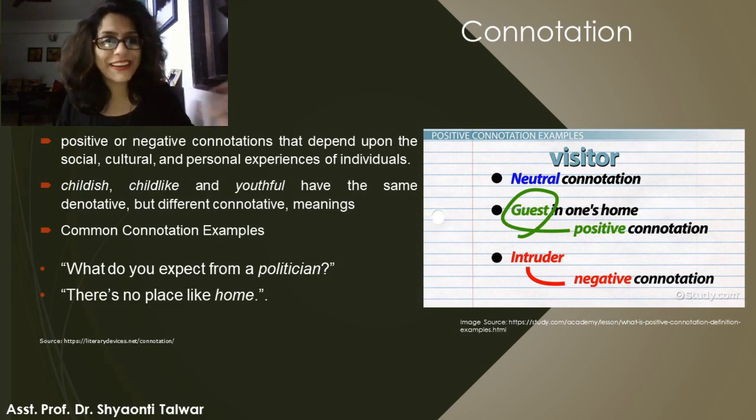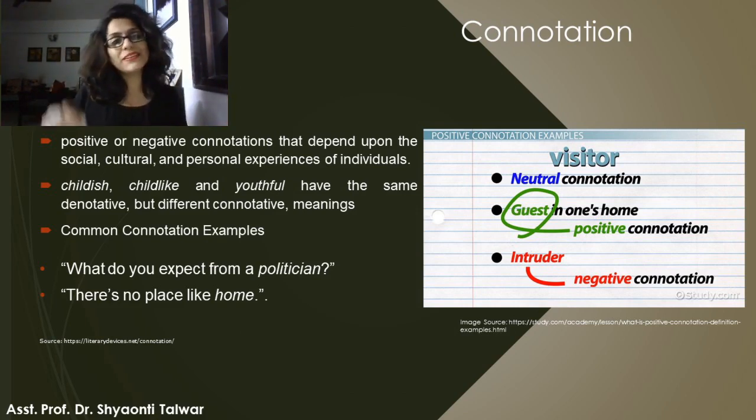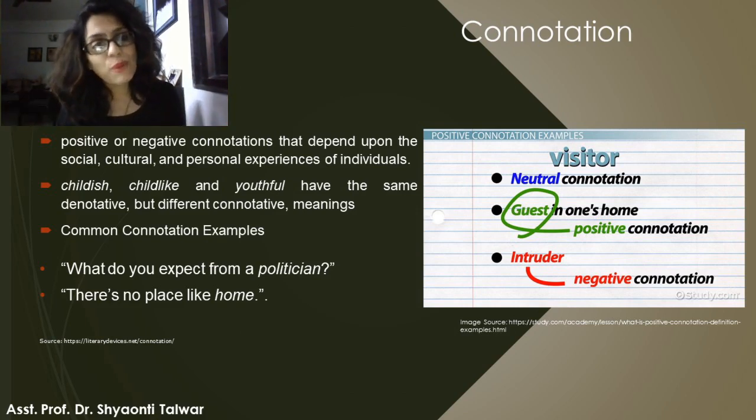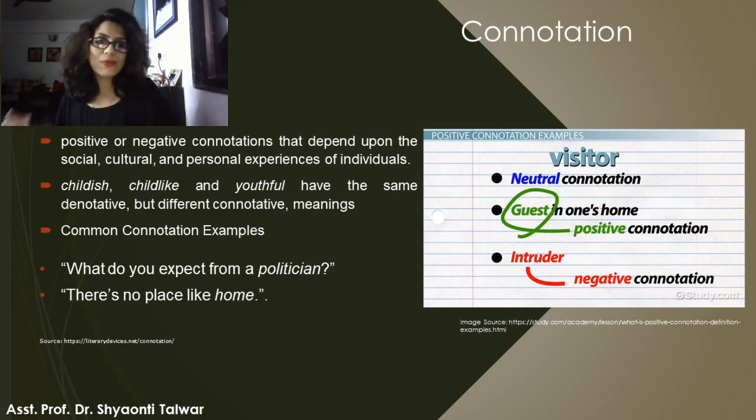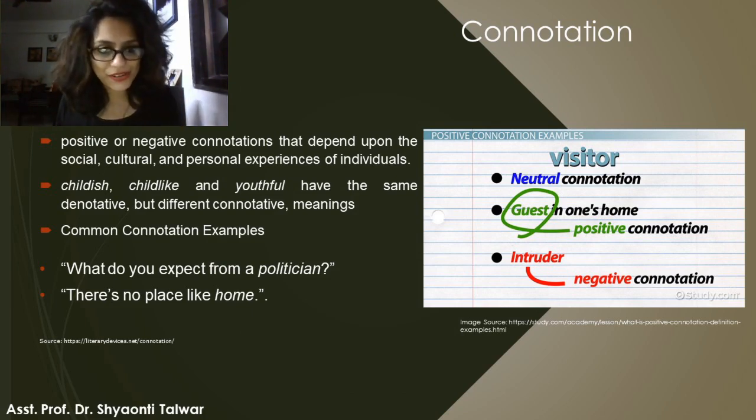That is being childlike, right? So that word immediately acquires a positive connotation. And youthful, on the other hand, would mean young looking, or someone with a young person's energy, a young person's vibrance. So again, that would have a positive connotation, right?